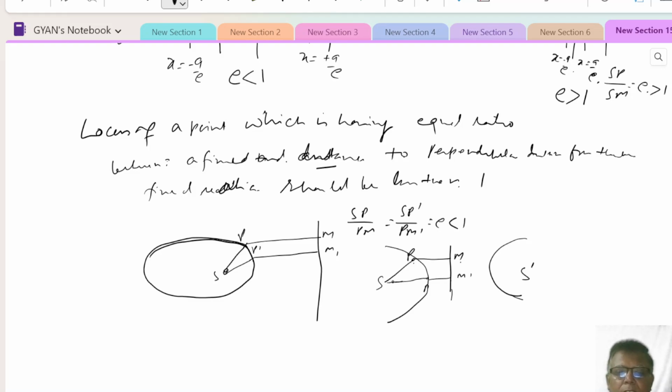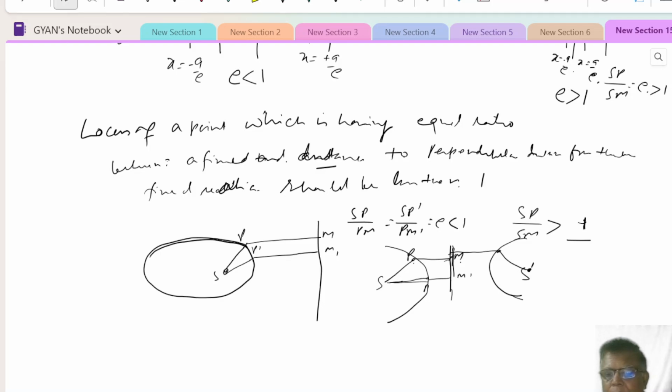Here the distance, suppose this point is there, so this distance by this distance, SP by SM, will be greater than 1.